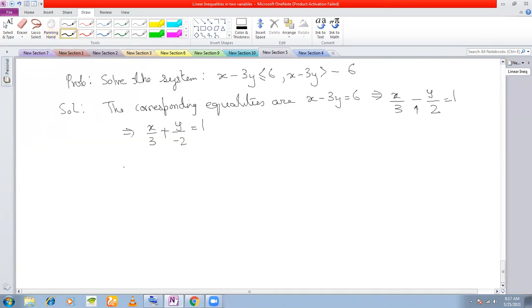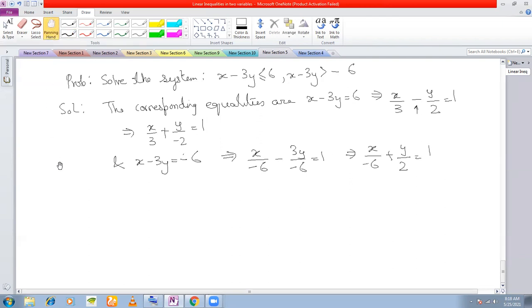Next one, and what is the next equality? x minus 3y is equal to minus 6, right? This time again, we'll divide both sides by minus 6. So you'll get x by minus 6 minus 3y by minus 6 is equal to 1. So this will give us x by minus 6 plus y by 2 is equal to 1.